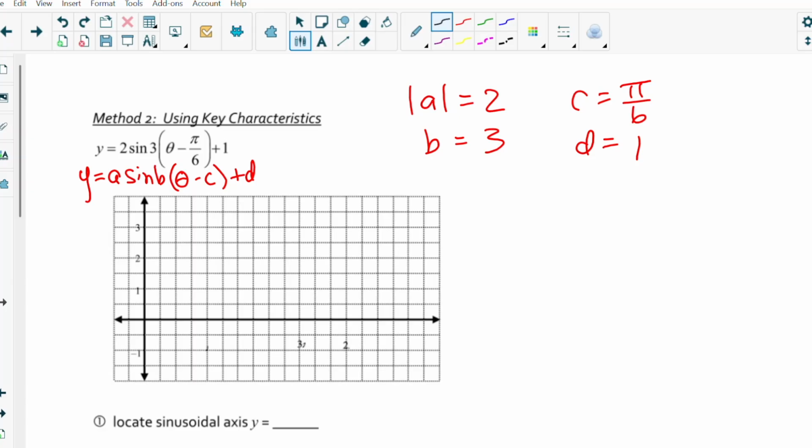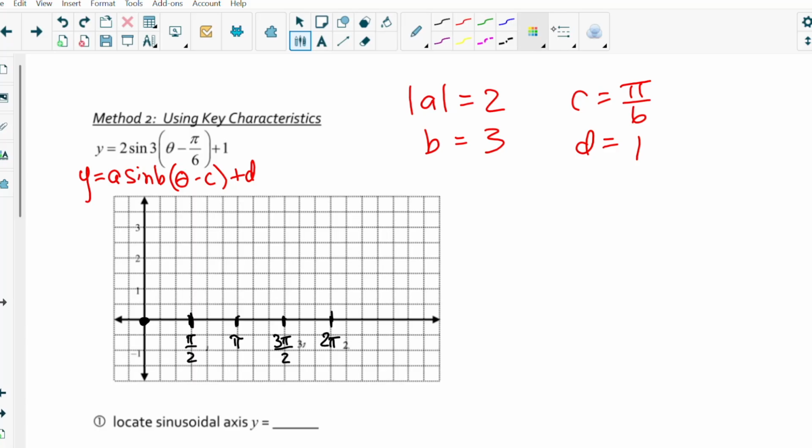My sine graph, let me plot the major points here. Some of it got obscured here. So this is pi over 2. This is pi. This is 3 pi over 2. This is 2 pi.